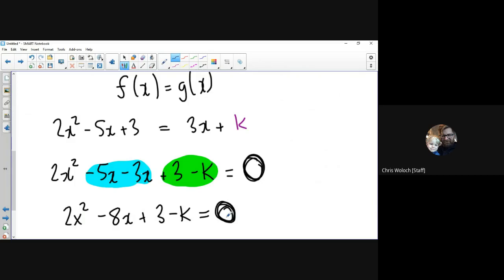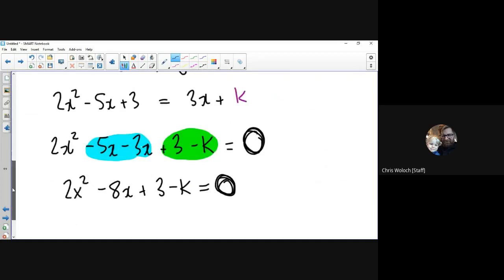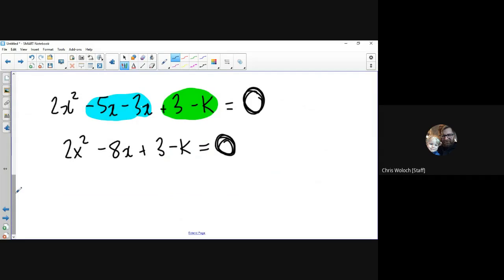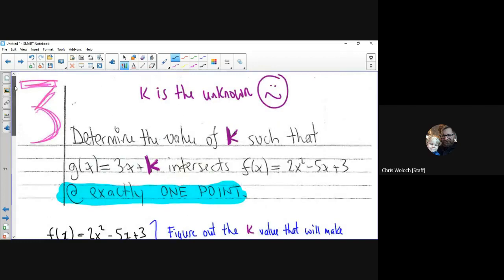So now, what would we do next? Well, if we knew what k was, we would find the point or points of intersection, so we would use the quadratic formula to get our x's and see if there are any. But remember, this question here doesn't want the solution to g of x and f of x.